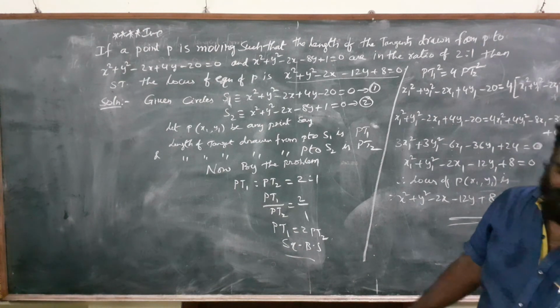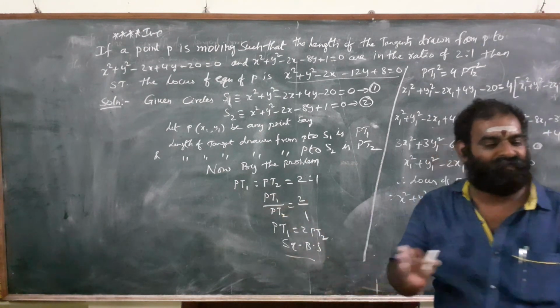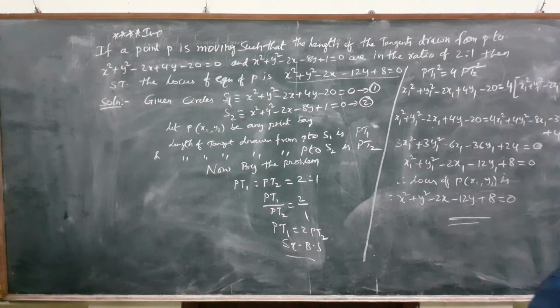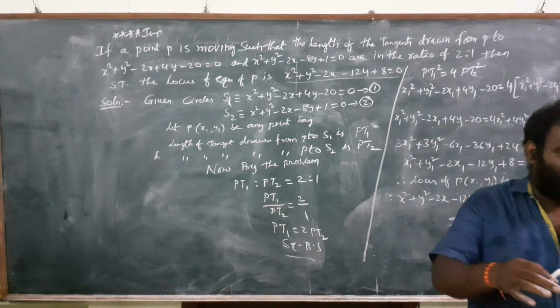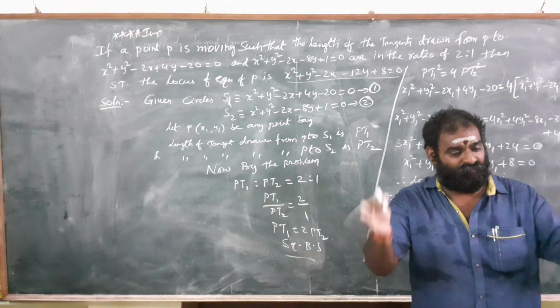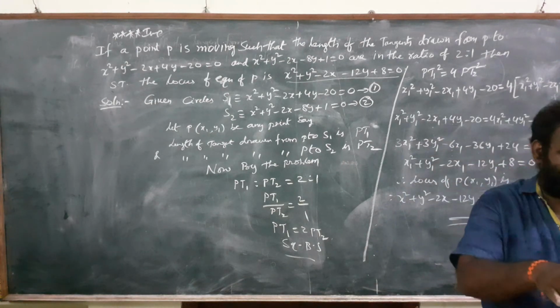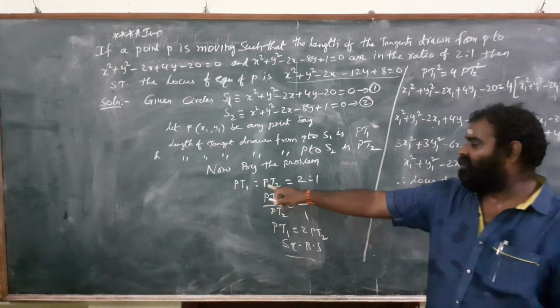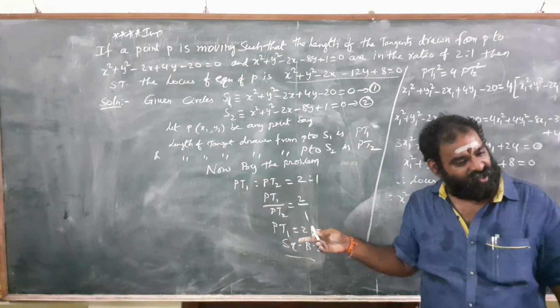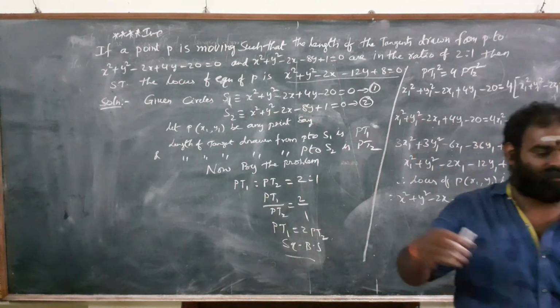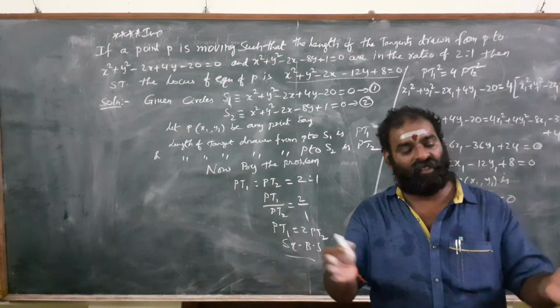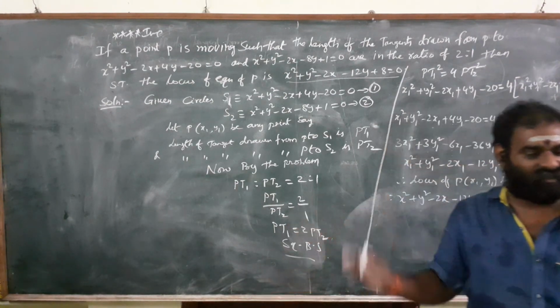Then PT1 equal to PT2, because the lengths of the tangents drawn from P to both circles are equal. Then on squaring, PT1 square equal to PT2 square, then you go for substitution and you get the answer.